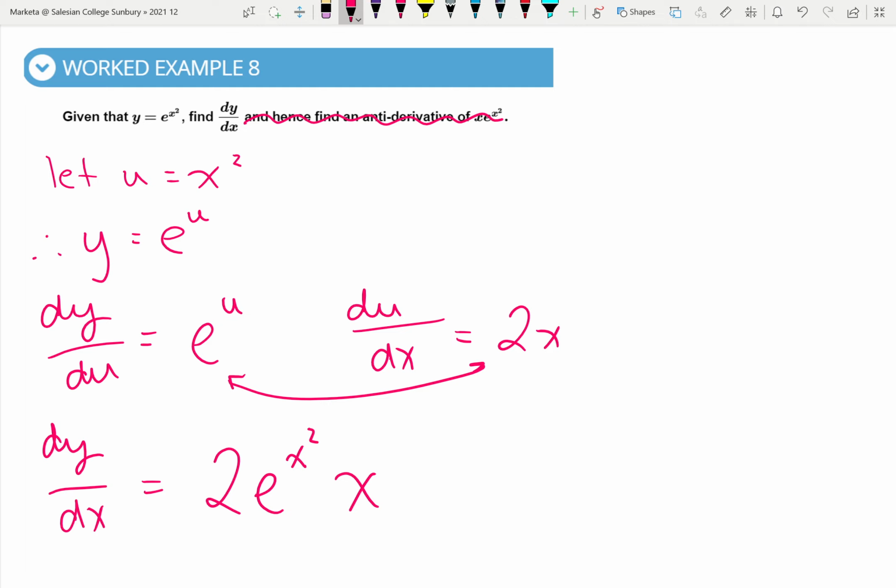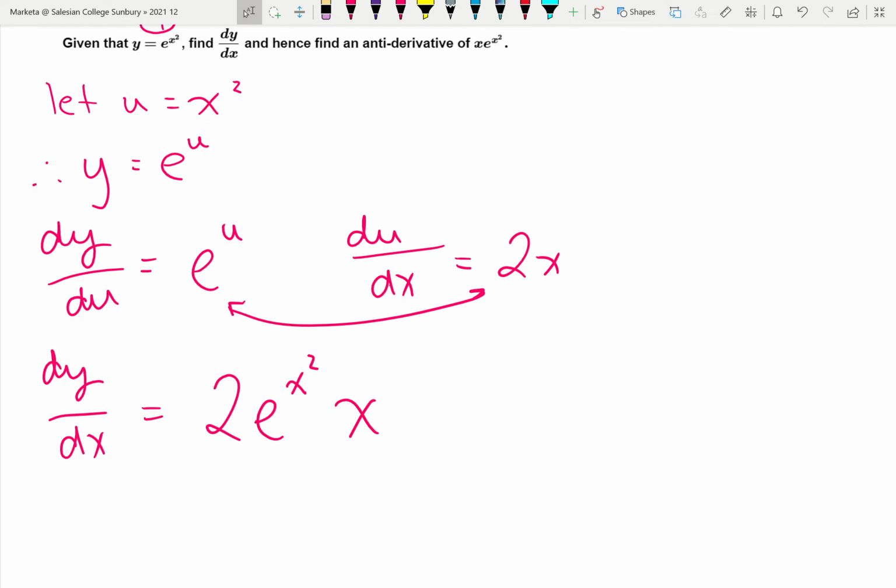Okay, so I found dy dx, so that I would get 1 mark for that. Now I hence need to find the antiderivative of x e to the x squared. So this is that thing where you need to find what's the same and what's different. So we've got an x, there it is, and we've got an e to the x squared, there it is. The thing that we are not wanting there is the 2.